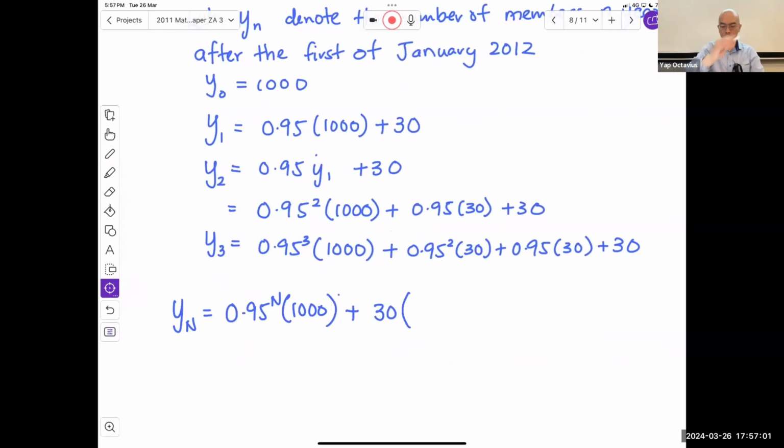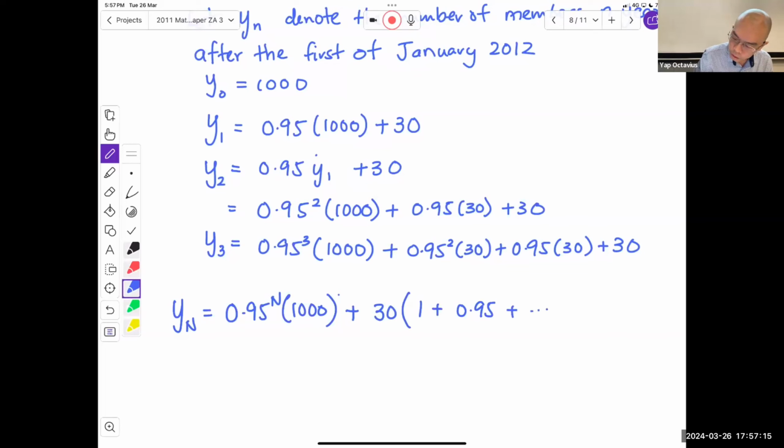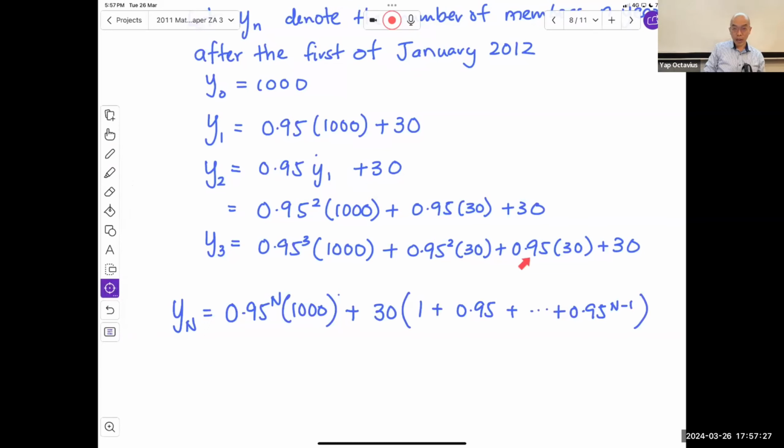So factor out the 30, you get 1 plus 0.95 plus dot dot dot, 0.95 all the way up to n minus 1. One index less, so n minus 1.